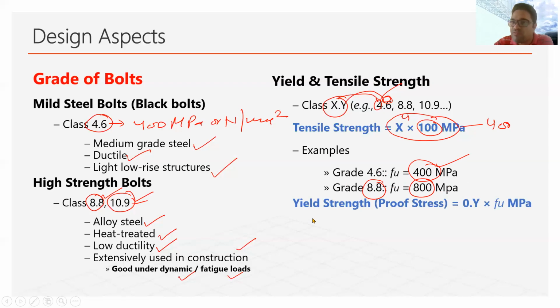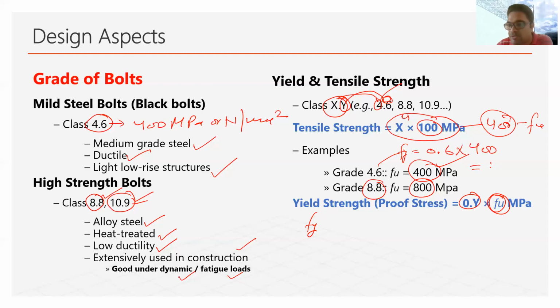Now, how do we find out the yield strength of the bolt? If we multiply this y digit with the ultimate strength that we just found out here. So this ultimate strength is basically the Fu. Okay, and here we are supposed to find out the value of Fy. So Fy can be calculated if we multiply this with the Fu. So in case of grade 4.6, Fy will be 0.6 multiplied by 400.